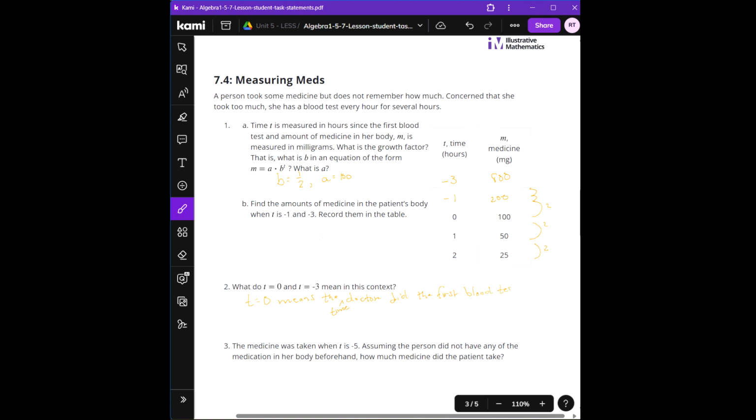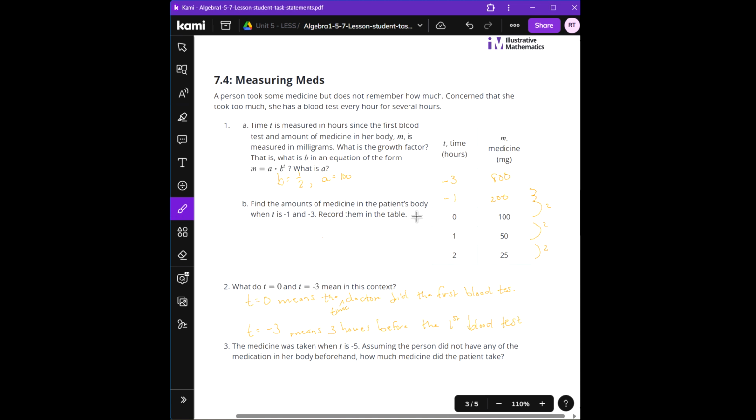And then t equals -3 means 3 hours before the first blood test.